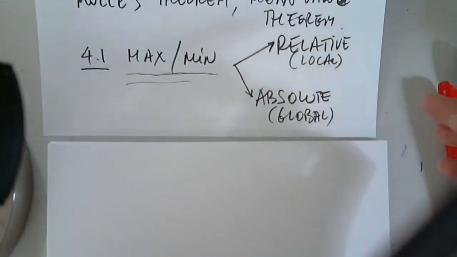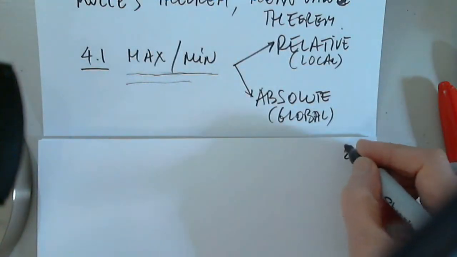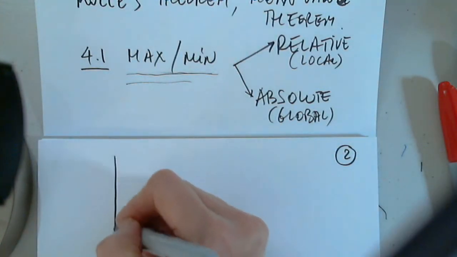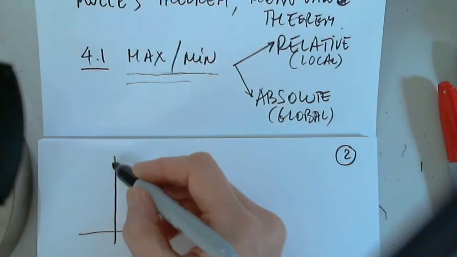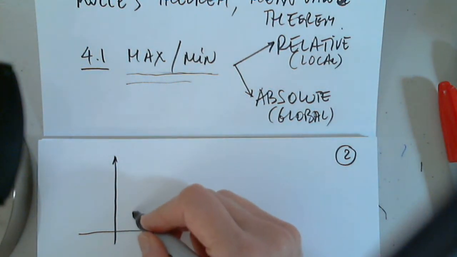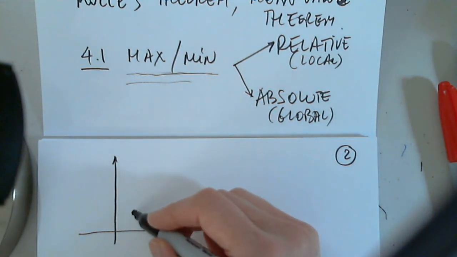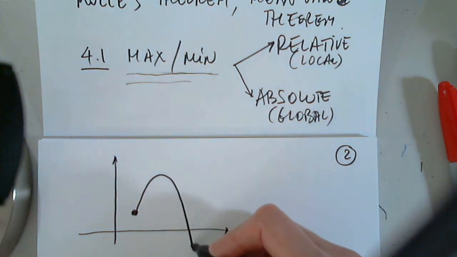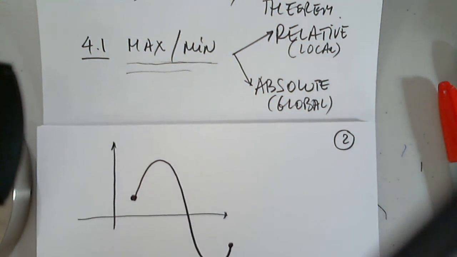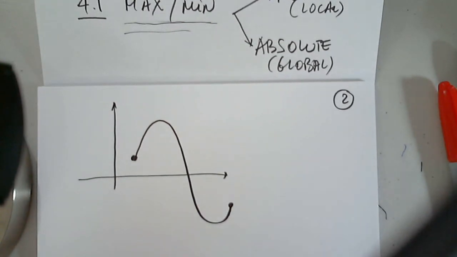I'm going to graph a simple function. Something like this. Let's say it starts here, and it does this. So here's a function. By the vertical line test it is a function.